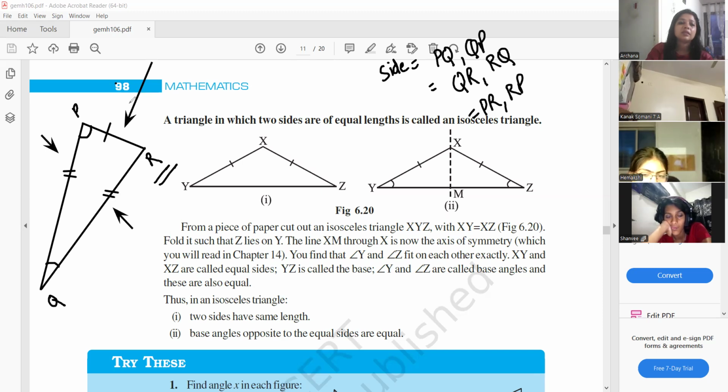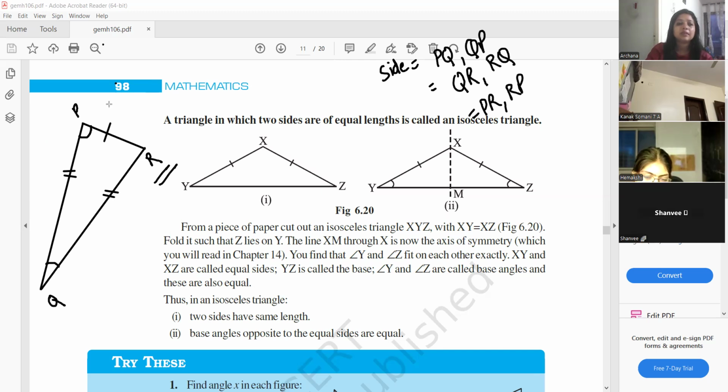Now tell me, what is the correct way of naming the angles? Suppose I am talking about only this angle. How will you name this angle?